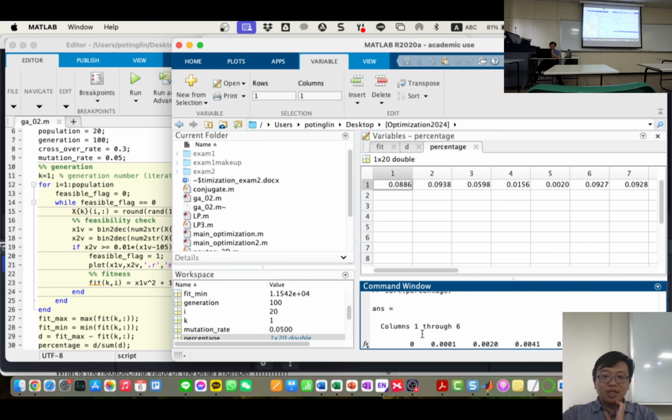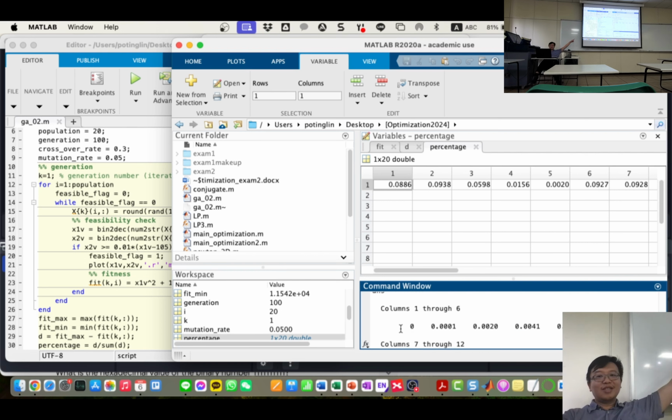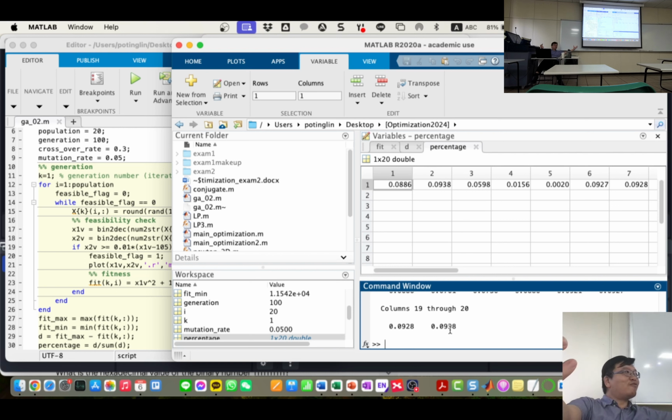There's one that has 0%, and there are some other bad ones that even have a percentage smaller than 1%. What is the largest one? The best one has 9% to be chosen. We have 20 of them, so without fitness, originally each one of them has maybe 5% to be chosen.